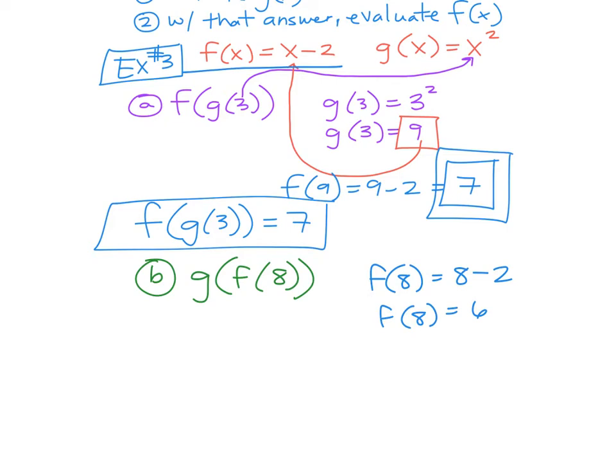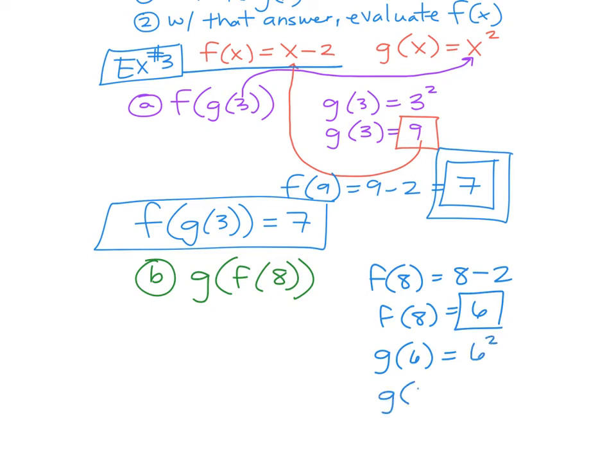Mrs. Price says it's like laundry. You put the clothes in the washing machine, they come out wet, right? Here's our wet laundry. We need to put it in the dryer still. Put it in your other function, dry it off. So we're going to plug that 6 into our g of x. So it's going to be g of 6 equals what? 36. It's 6 squared, right?